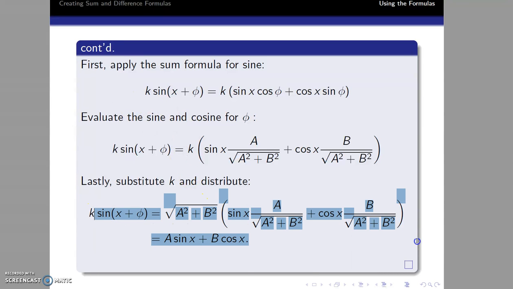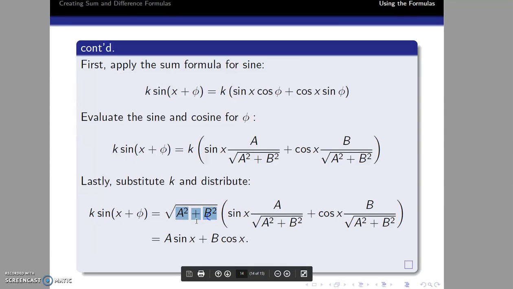This is what we have now. We distribute that k value across. It cancels with this stuff and this stuff. So I've got sine x times a, cosine x times b. And would you look at that? In reverse now, we've turned a sum of two sine and cosine waves into a single sine wave. How about that?